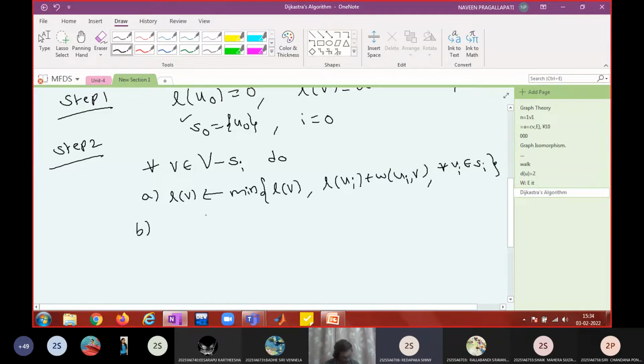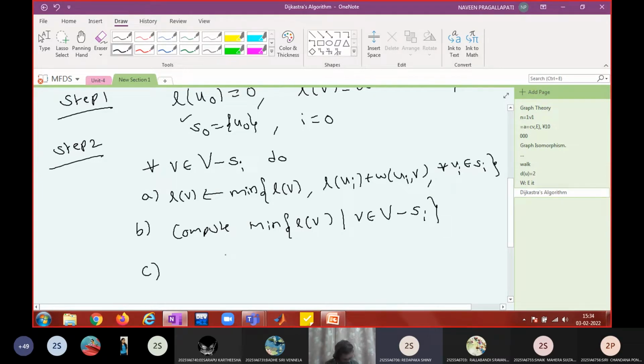Second point is, compute the minimum of all those L of v, such that v belongs to V minus Si.